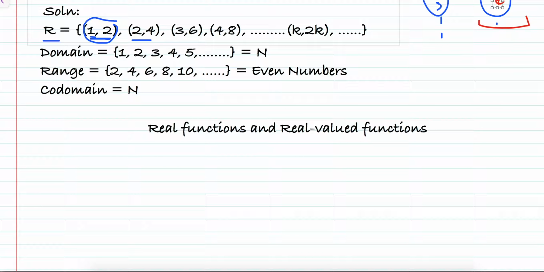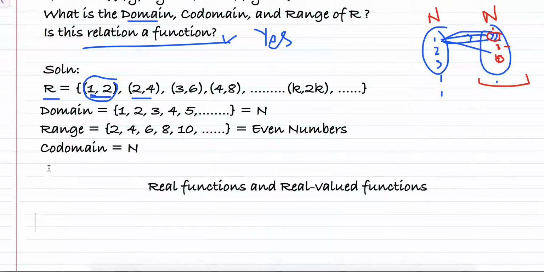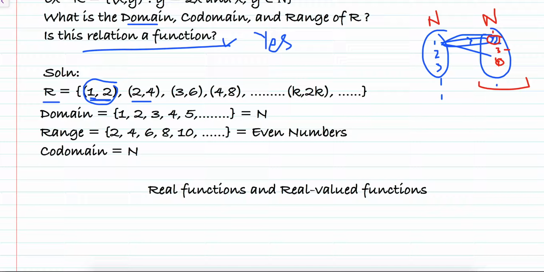The definition for a real valued function is that if the range, here this was the range for the above example, if this range is a real number, if this range belongs to the real numbers or some subset of real numbers, then we will call this a real valued function.